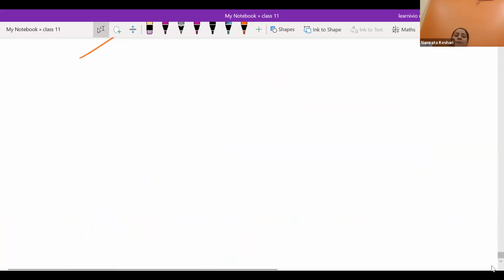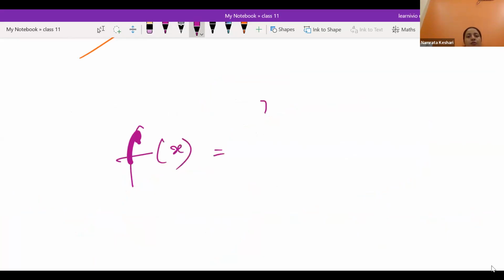Now you will also see piecewise defined functions in this chapter. A piecewise defined function, for example, will look like this. Just for example, f of x is equal to, this way your function will be there. It will be defined in pieces, just like this: when x is bigger than 1, then f of x will be x minus 2.